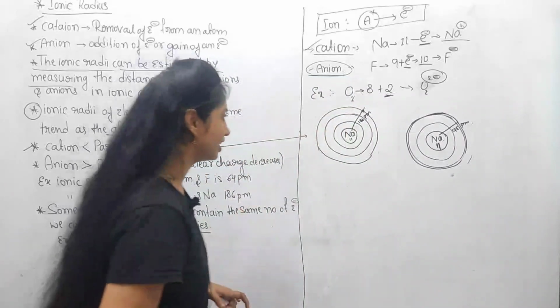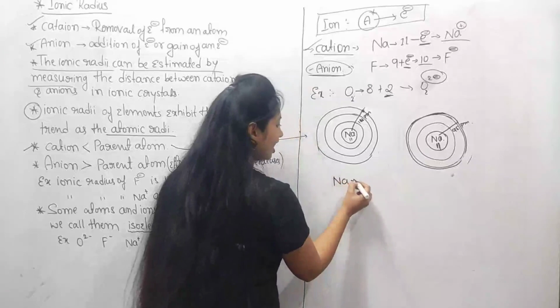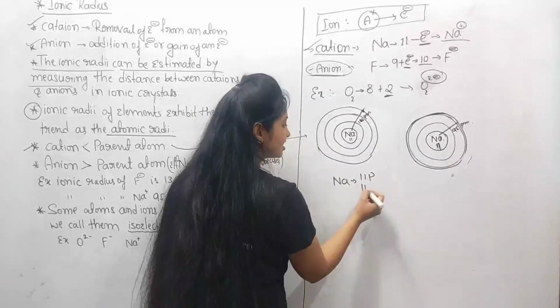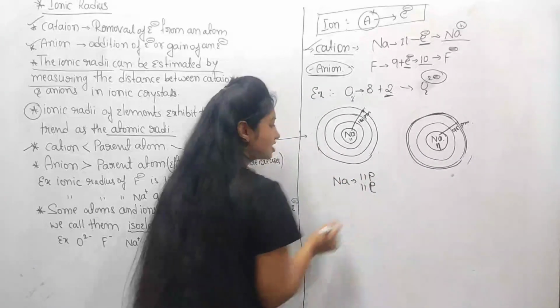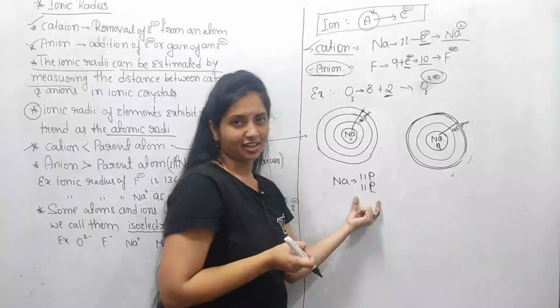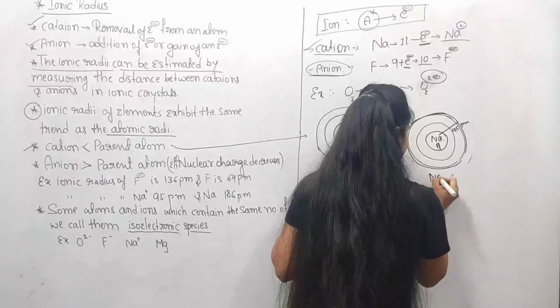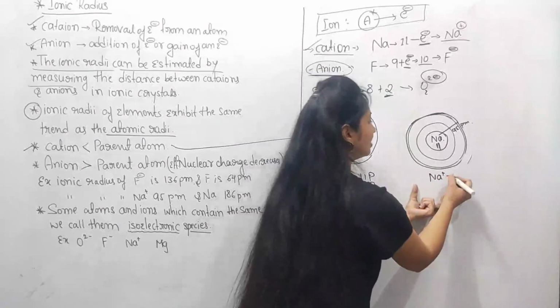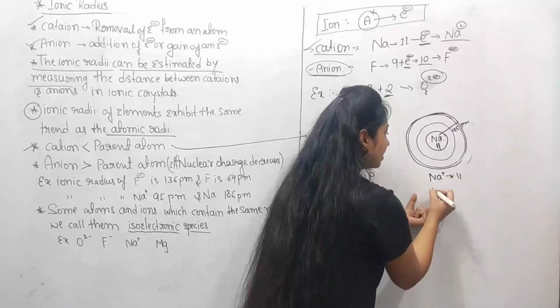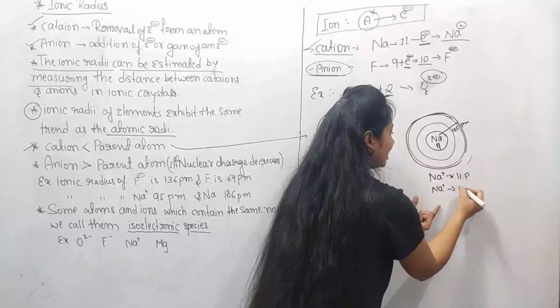Once again I wish to repeat here. In the sodium atom, we have 11 protons and 11 electrons. So the 11 protons attract 11 electrons. In a sodium plus ion, we have 11 protons but 10 electrons.